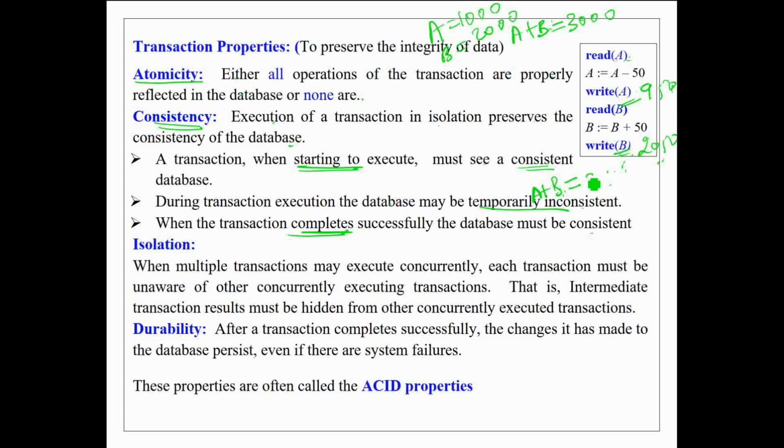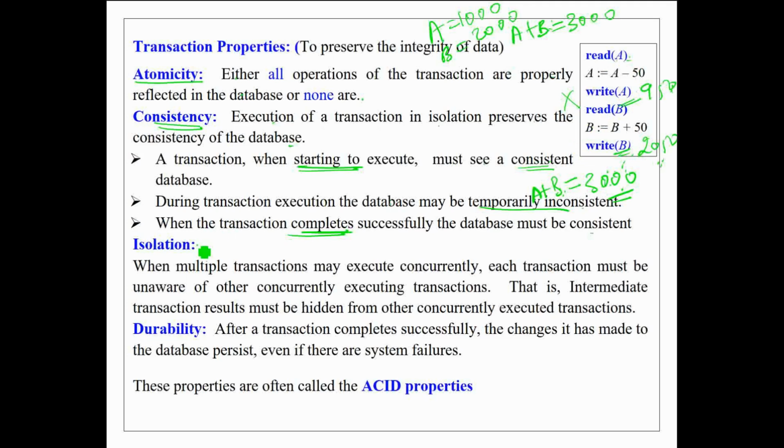So, the same value 3000 we need to get if we add the updated values of A and B after the completion of the transaction. If both the values are not equal, the consistency property is not preserved. In such case, the transaction needs to be aborted and rolled back.